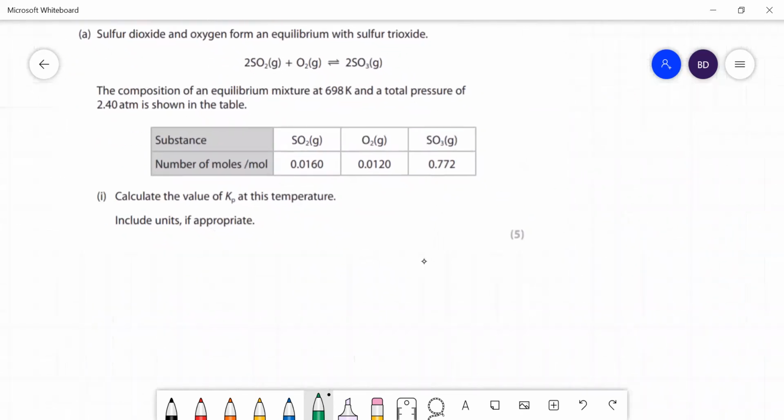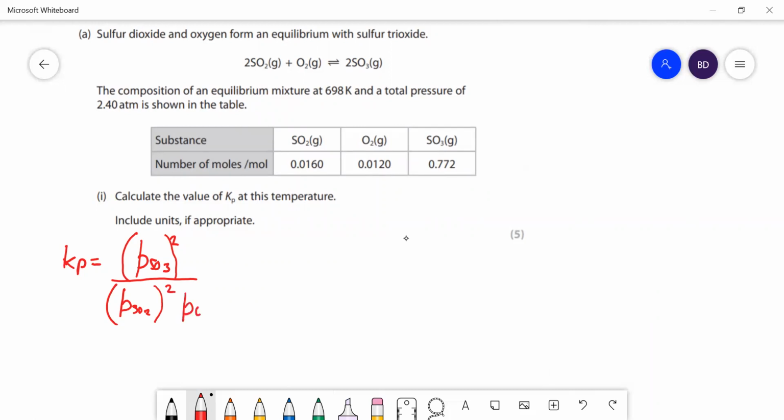So first of all, I'm going to write down the expression for Kp. Kp is going to be equal to the partial pressure of the product SO3, and there's 2 moles of that, so we need to square that, divided by the partial pressure of the reactant SO2 squared and the partial pressure of O2. Okay, so that is our expression for Kp.